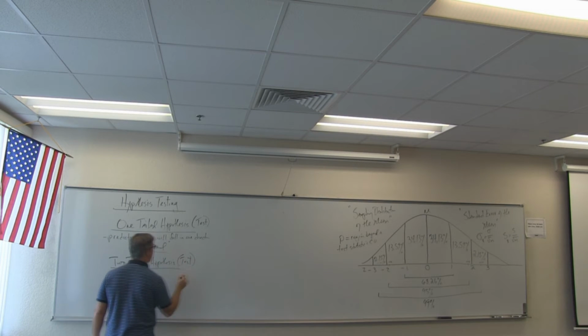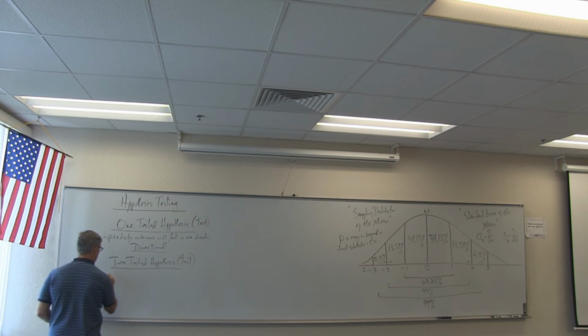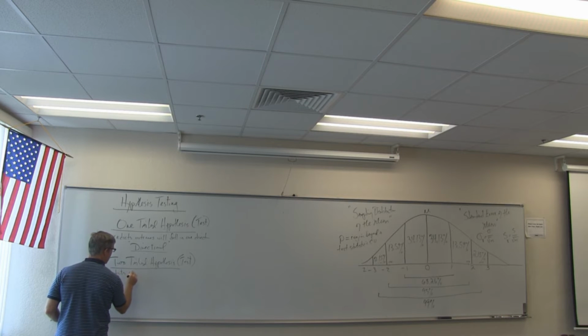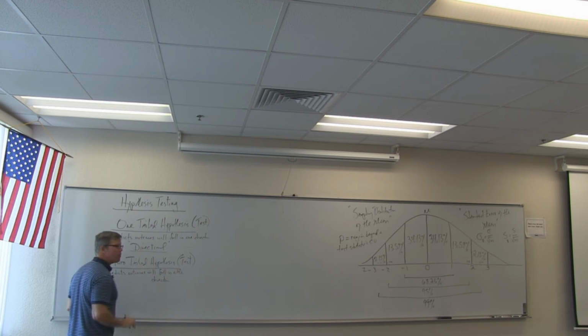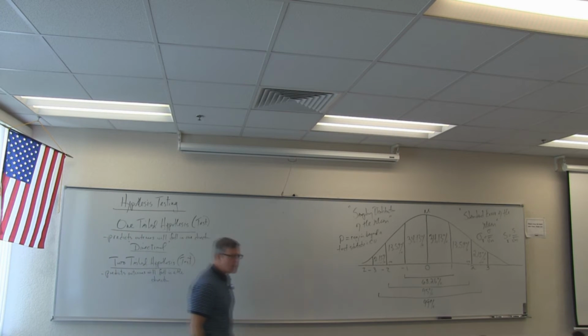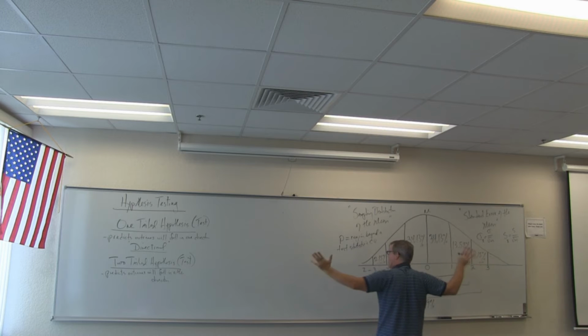The two-tailed hypothesis predicts outcomes will fall in either direction. As a result of the health and wellness program, the research subjects will either lose weight or, you know what, they may even gain weight, I don't know.